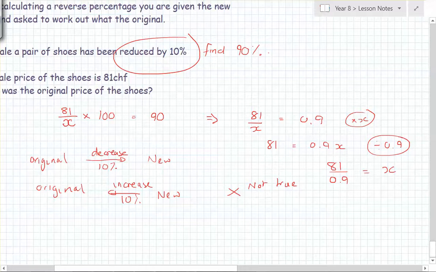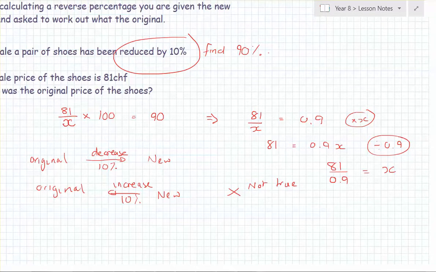I have another solution that does not involve any x's. Basically, it's like finding the 1%. So now we know that this is 90%. If we divide 90% by 10, which is like dividing 81 by 10, we will get 8.1, which is 9%.